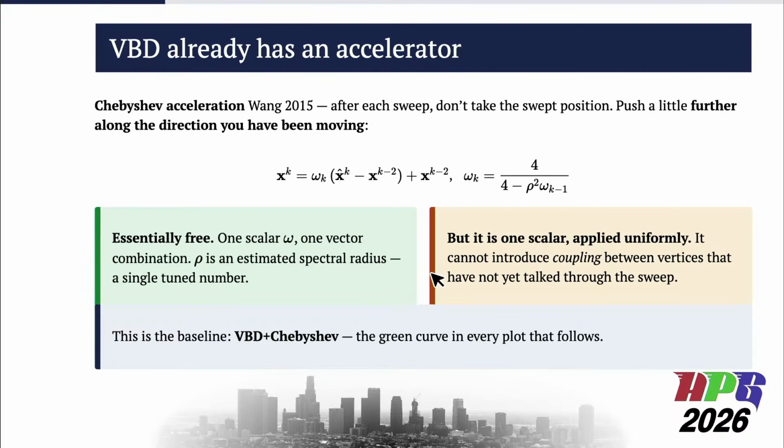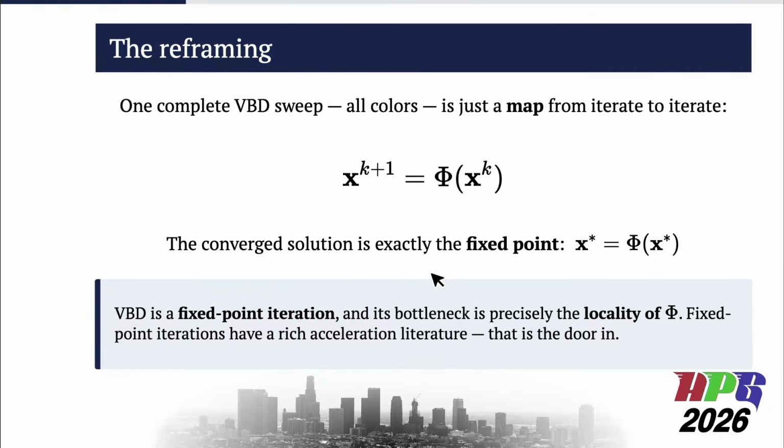But it's still focused on the local problems, so this mechanism still doesn't help solve the global errors. Each VBD sweep is just a fixed point iteration, and the bottleneck is the locality of this function.